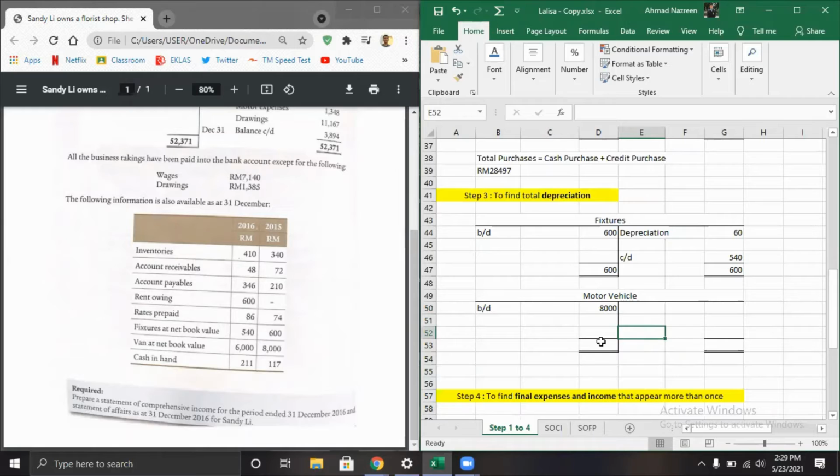Balance c/d is 6,000, and depreciation 2,000. To find total depreciation, 60 ringgit plus 2,000 equals 2,060.